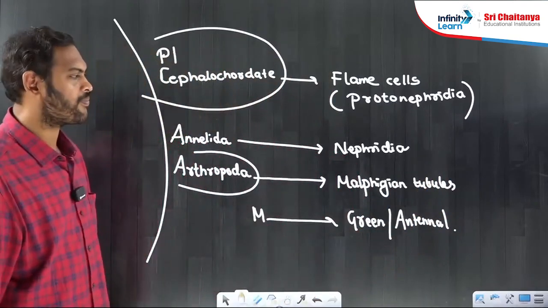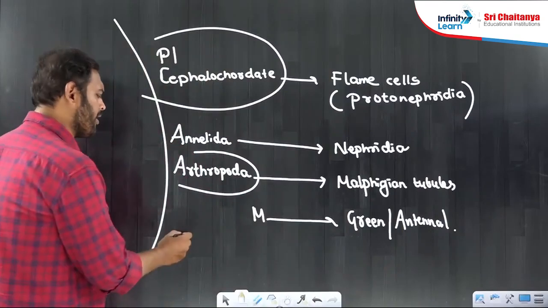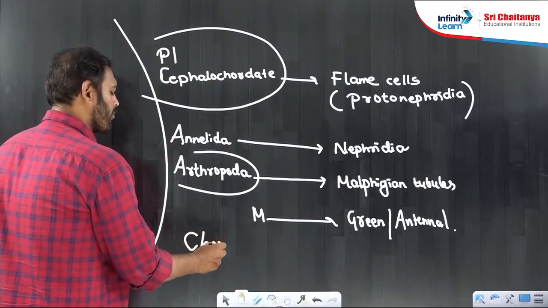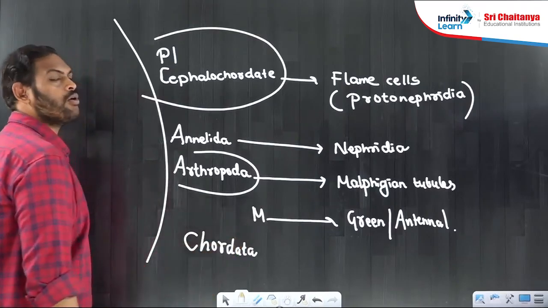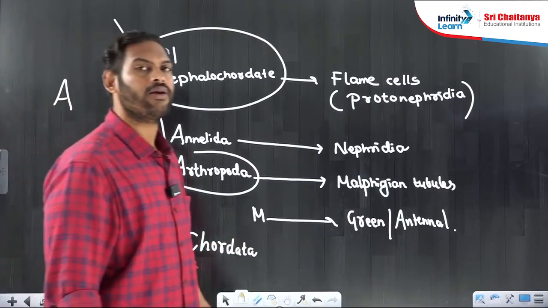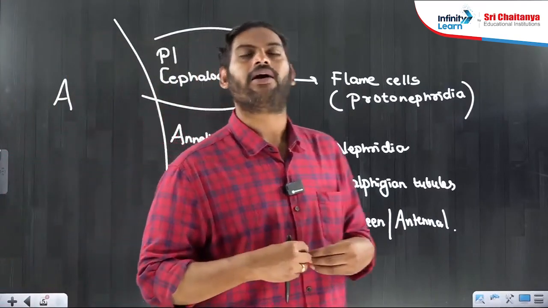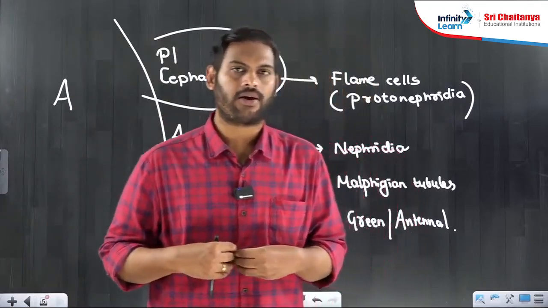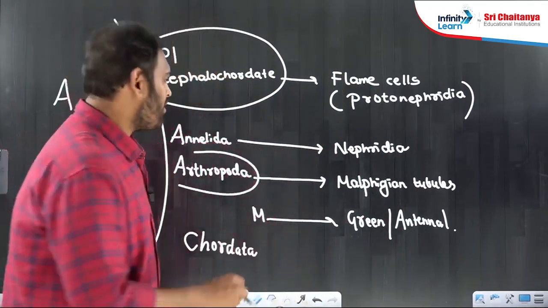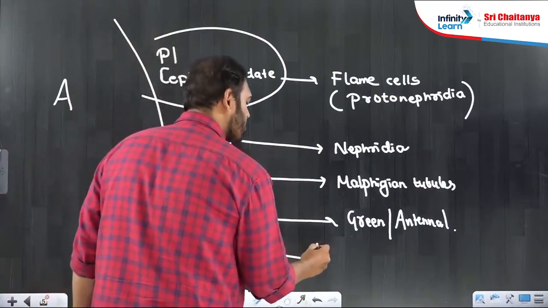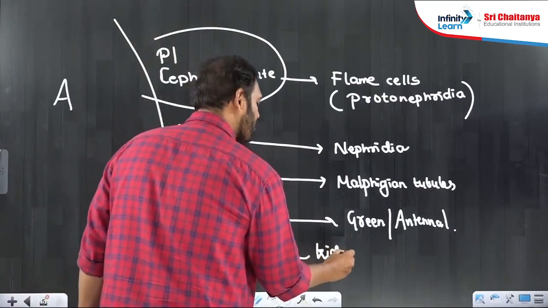Like this. Okay. What about Chordata? With very few exceptions, most of the chordates, including mammals, reptiles, aves, amphibians, and some fishes also, make use of kidneys for excretion.